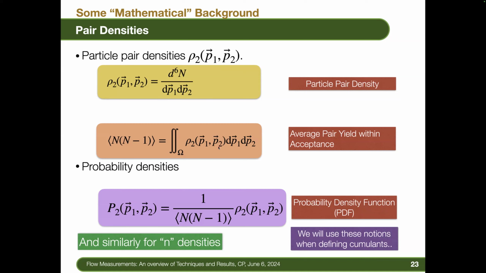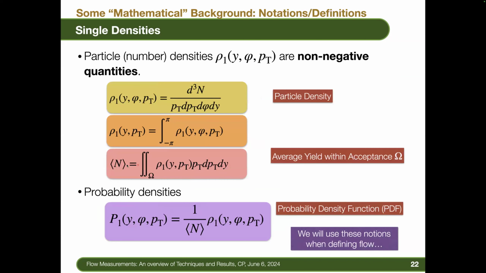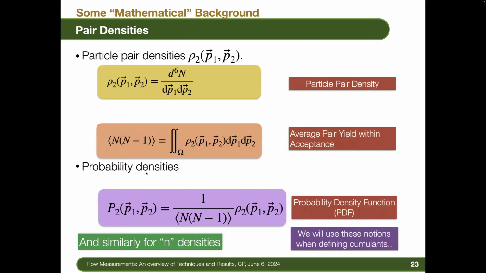We're not seeing the full density. We're going to be witnessing fluctuations of the particle production. So what we are seeing experimentally is an average of the number of pairs. And just like that, we also see an average of the number of particles produced inside the acceptance. So this is for pairs.